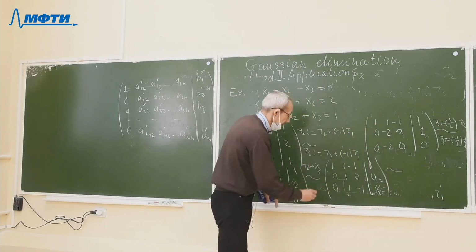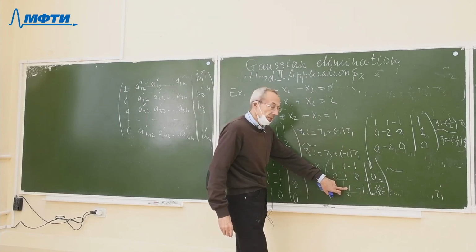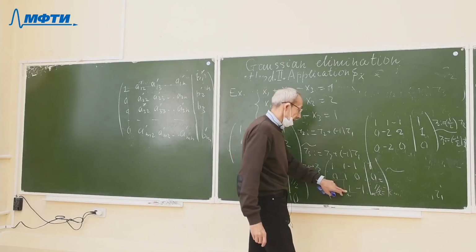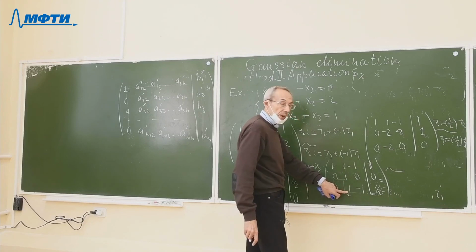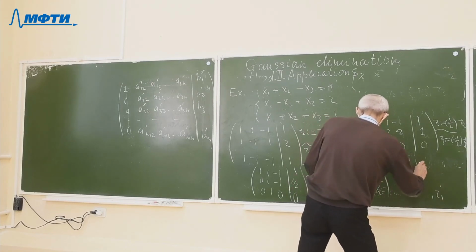The following operation, our goal is to obtain 0 on this place, and I subtract from the last rows the previous rows, and I obtain the following matrix.